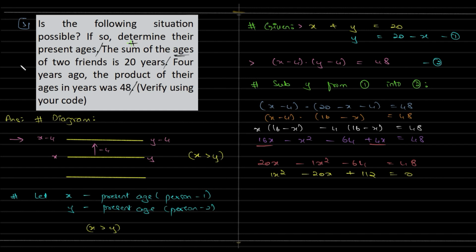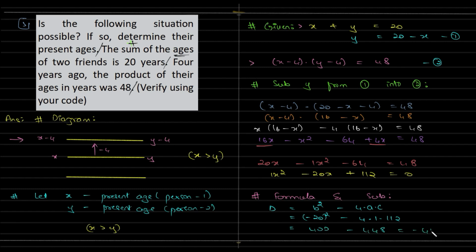Now we can look into the condition. Is the following situation possible? To check if the following situation is possible, we look at the formula and substitution. So the formula is d being equal to b square minus 4 into a into c. So b here is minus 20 square minus 4 into 1 into 112. So clearly the value is negative, right?